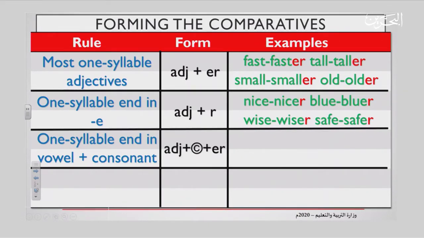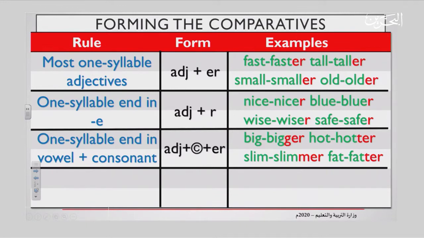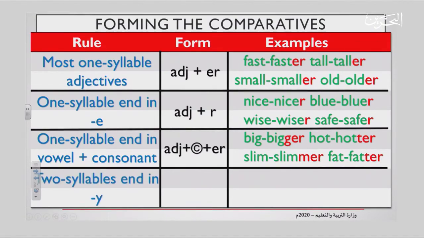You have the adjective, you double the consonant, you write it again, and then er. Let's take a look. Big, B-I-G. I is a vowel, and G is a consonant. You double the G. Big, bigger. Hot, hotter. Slim, slimmer. Fat, fatter.